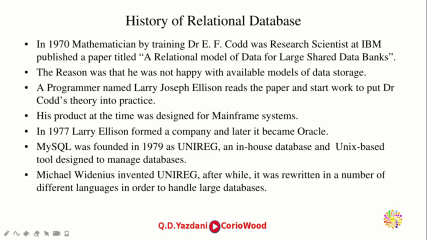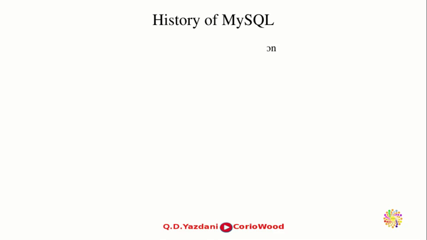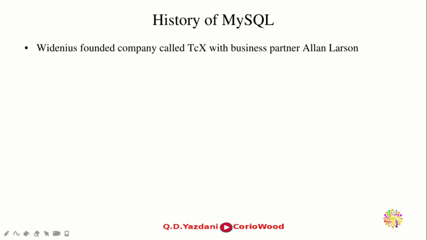But Michael Widenius is a very famous guy. He invented Unireg, which was rewritten in a number of languages in order to handle large databases. And keep in mind, Michael Widenius is one of the founders of MySQL. Widenius founded a company called TCX with his business partner Allan Larsson.